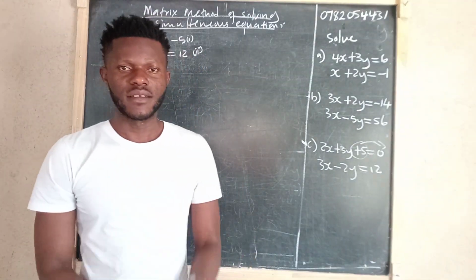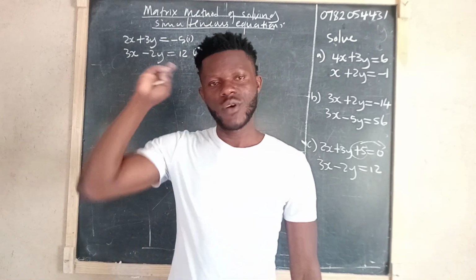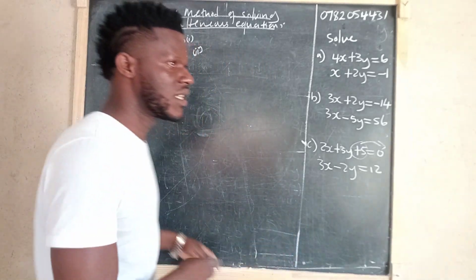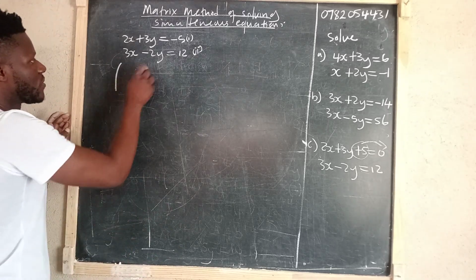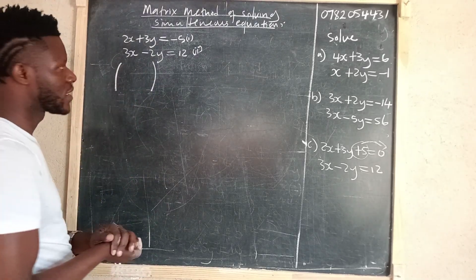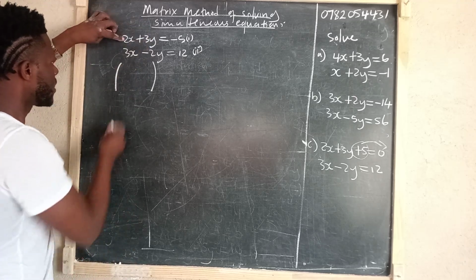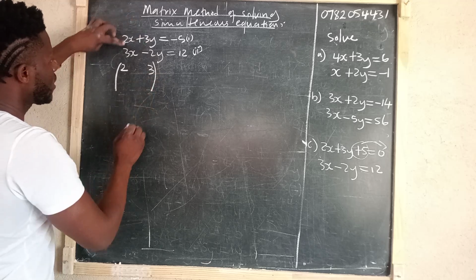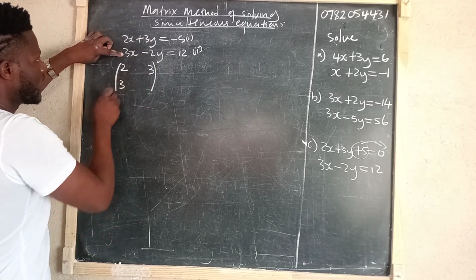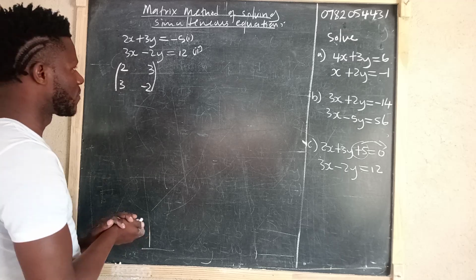So the first thing, you come up with matrices of coefficients, the coefficients given in this equation. I'm going to create a 2 by 2 matrix of coefficients only. That is, the coefficient of x here is 2, the coefficient of y is positive 3, the coefficient of x is 3, the coefficient of y is -2, like that.